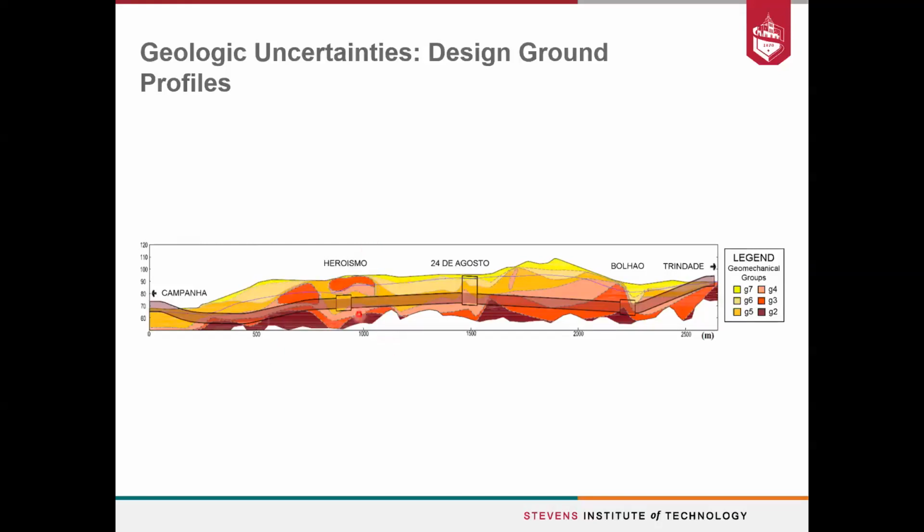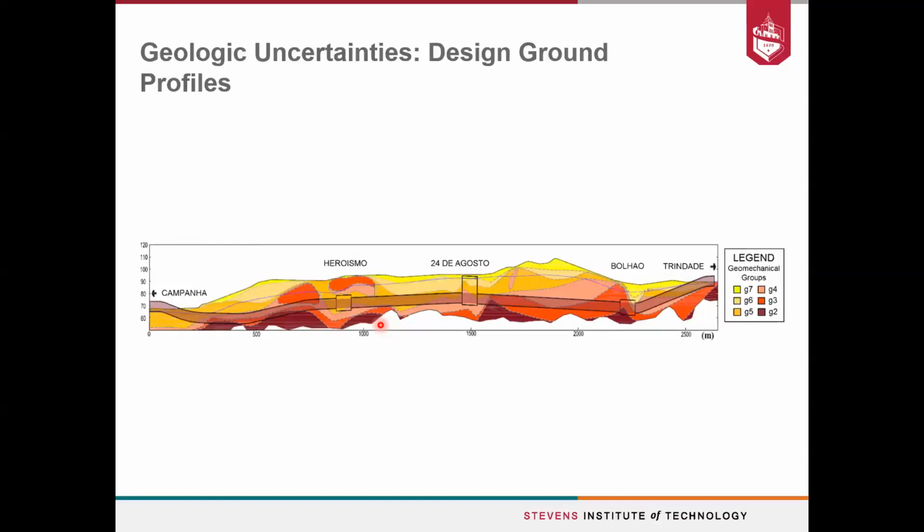And you have to basically guess what's in between. That results in ground profiles that are highly uncertain, that are determined by engineers during the design. That is one challenge. So when you start construction, these are the ground profiles that you have, and they are quite uncertain.